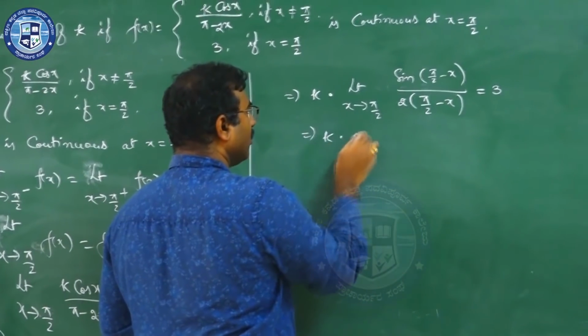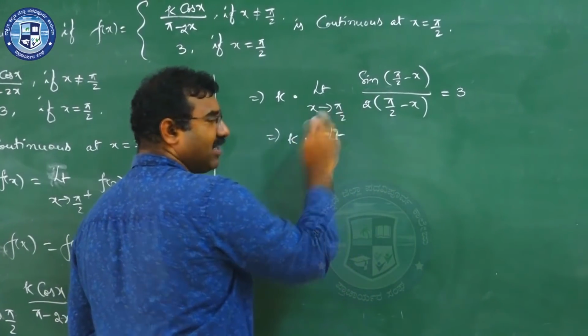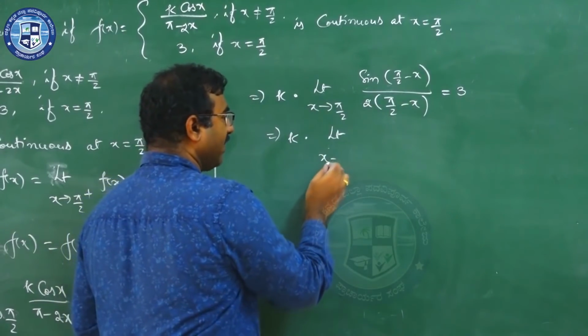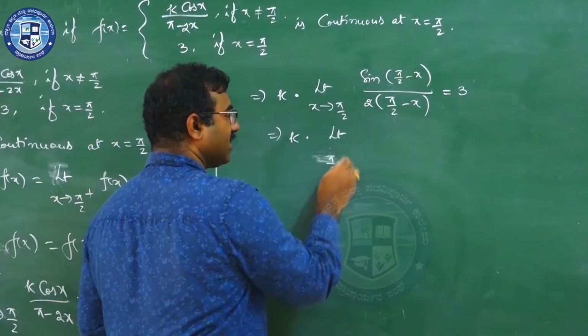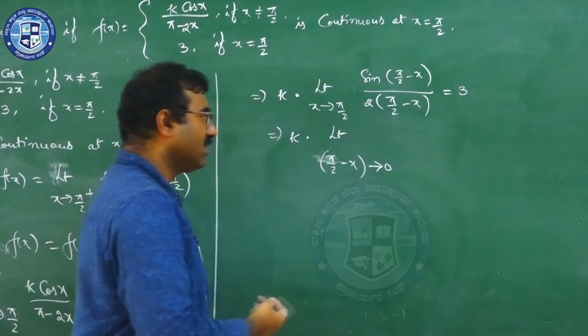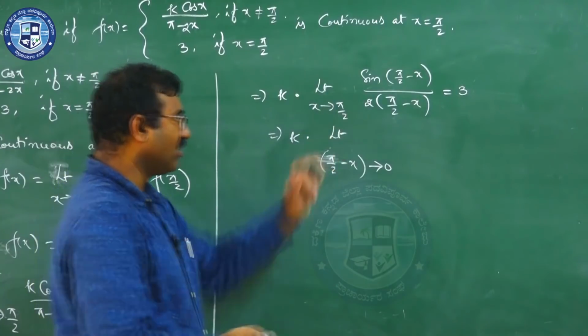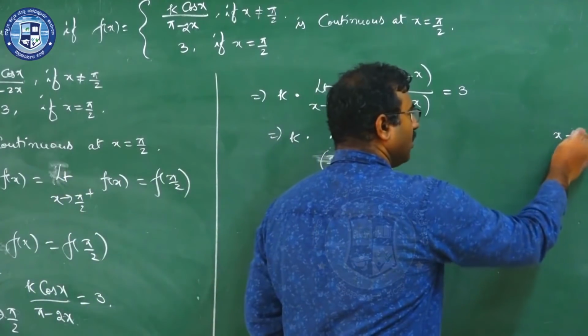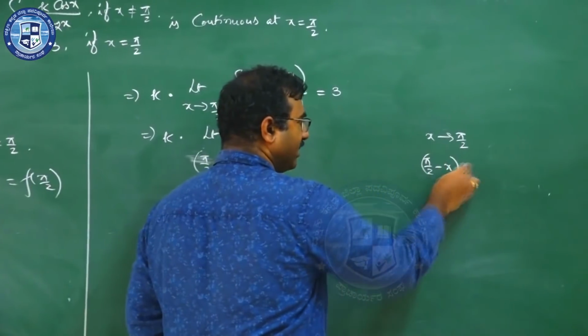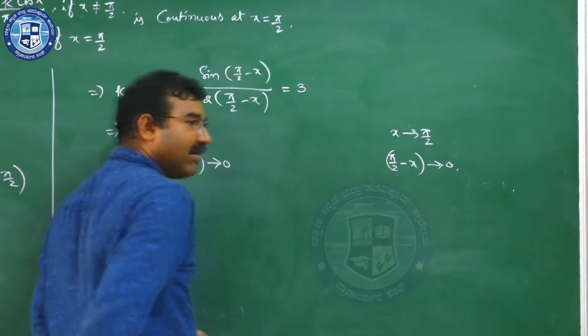So, k into, when x is coming close to pi by 2, then x minus pi by 2 or pi by 2 minus x comes close to 0. As x is coming close to pi by 2, definitely pi by 2 minus x goes to 0.